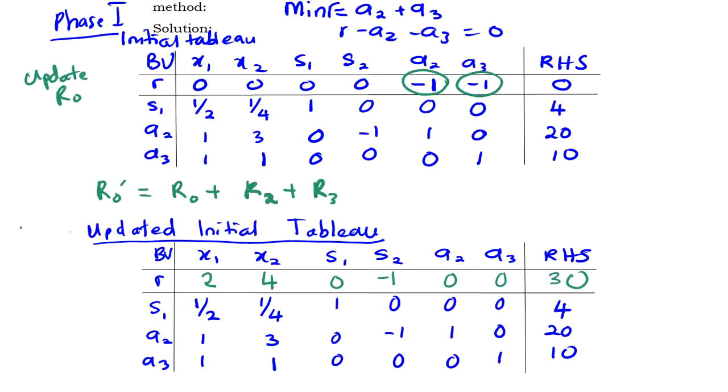Because this problem is minimize R, we don't want any positive value at row 0. Therefore, we choose the most positive value, which is the coefficient of x2, as the entering variable.